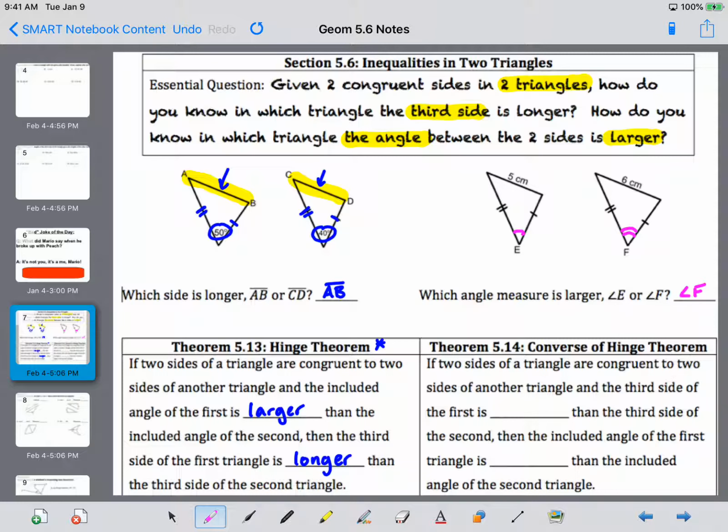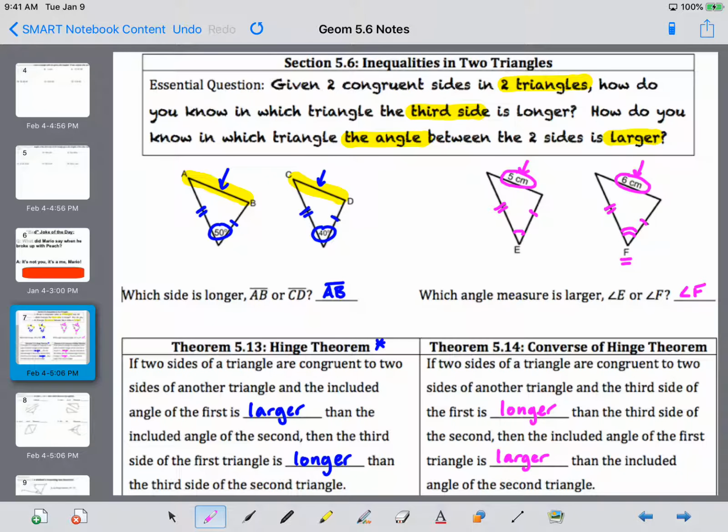So if two sides of a triangle are congruent to two sides of another triangle, and the third side of the first is longer, so you can see that this 6 centimeters is longer than this 5 centimeters, but these two sides are congruent to these two sides, then the included angle of the first triangle is larger than the included angle of the second. So since this 6 centimeters was bigger than this 5 centimeters, we knew that angle F had to be the bigger angle. All right, so that's the converse of the hinge theorem.